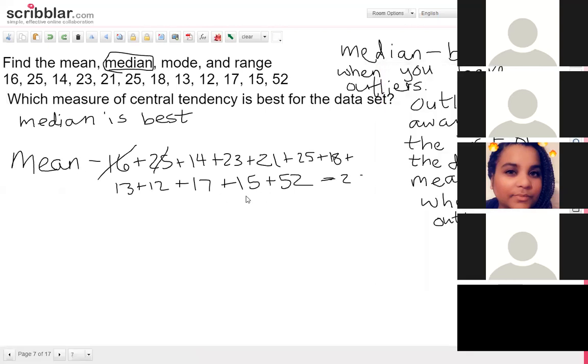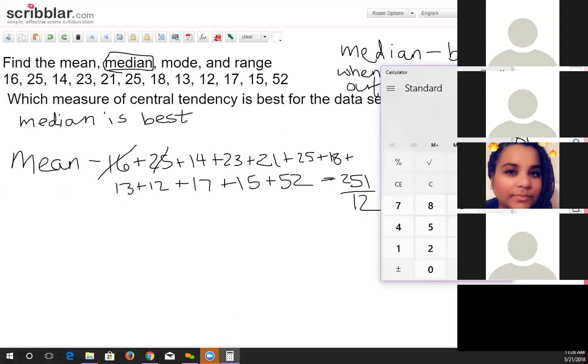What is our next step? Divide by 12. There are 12 numbers. So we divide by 12. And it's 20.9, depending on where they ask you to round.